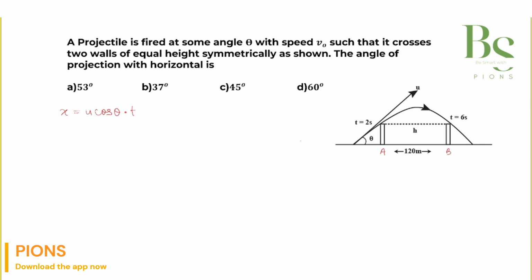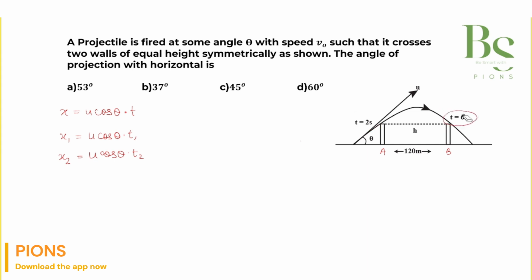So for the first time interval, x1 will be equal to u cos theta t1, and for any later time, x2 will be equal to u cos theta t2, correct? Now t1, we know that it is nothing but 2 seconds, and t2 is nothing but 6 seconds, right?